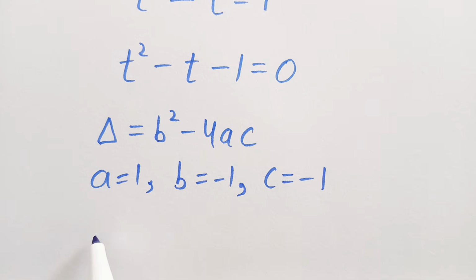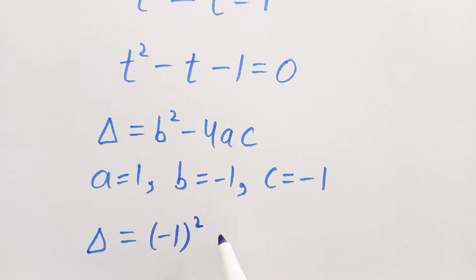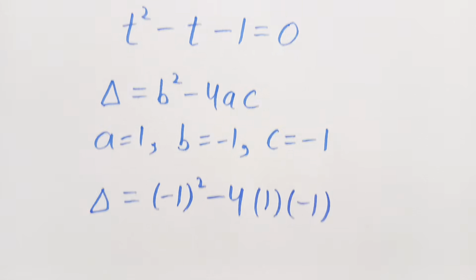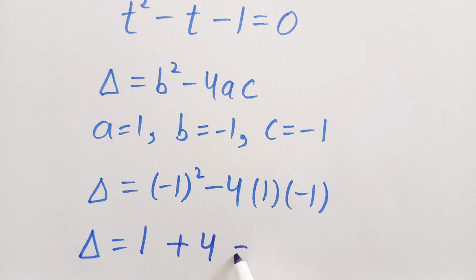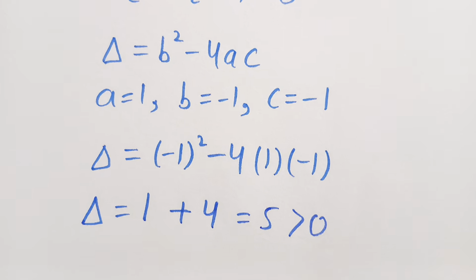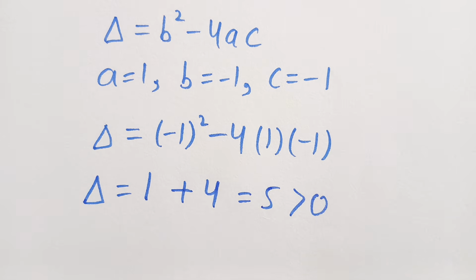Therefore, discriminant is equal to b square, which is minus 1 whole square, minus 4 into a is 1 and c is minus 1. Now, discriminant is equal to minus 1 square becomes 1, minus into minus plus 4, which is equal to 5, greater than 0. So this equation has two possible values.